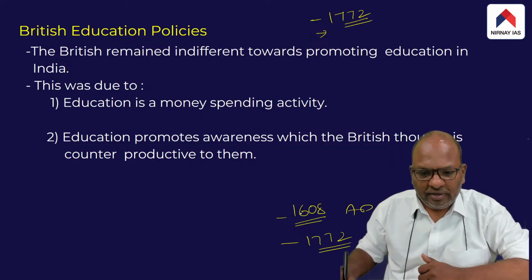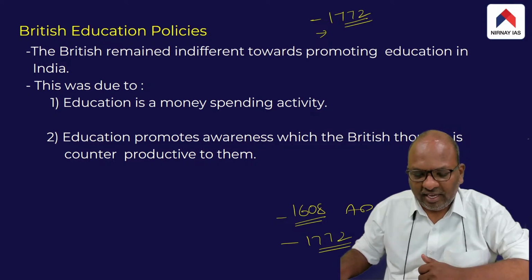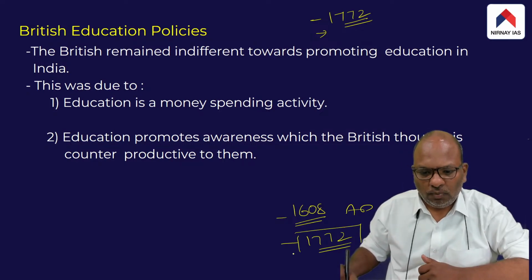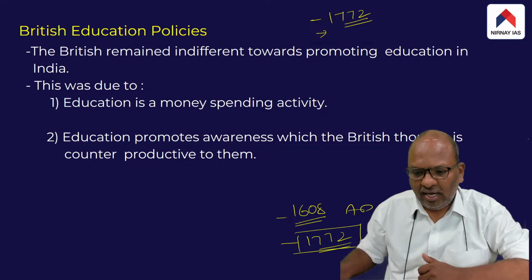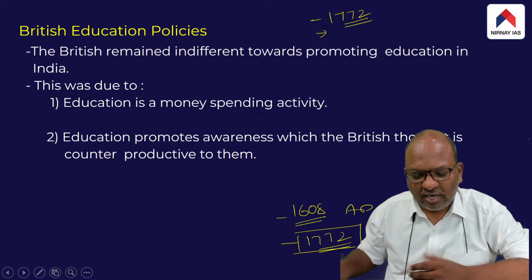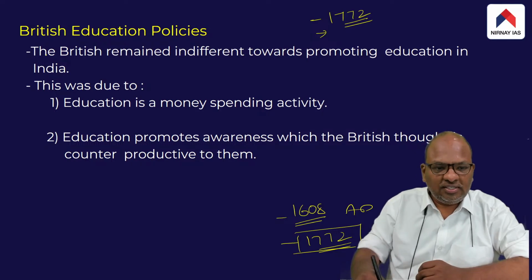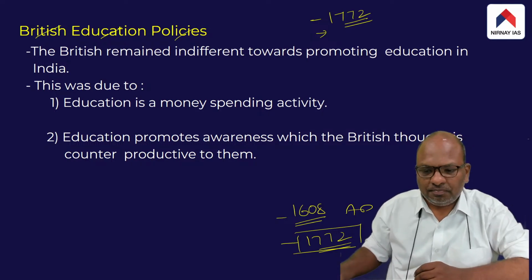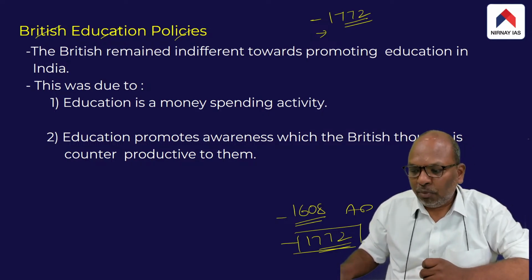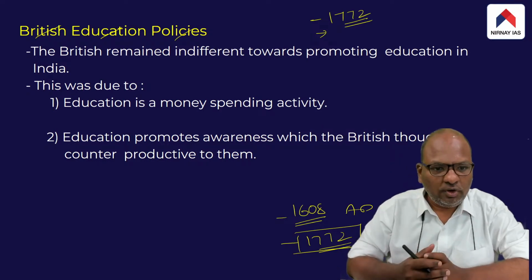They came for trade, and they remained traders till 1772. But in 1772, the British occupied Bengal, and thereby emerged as a political power.